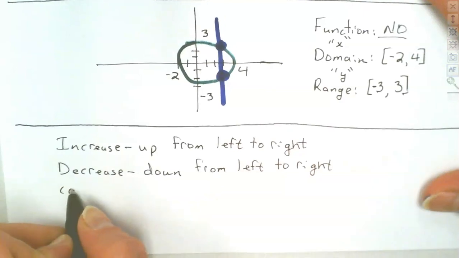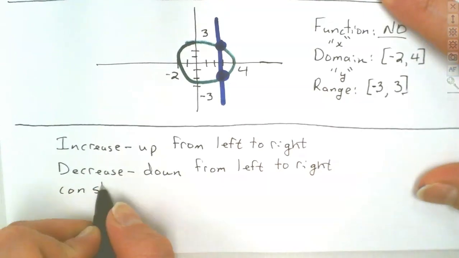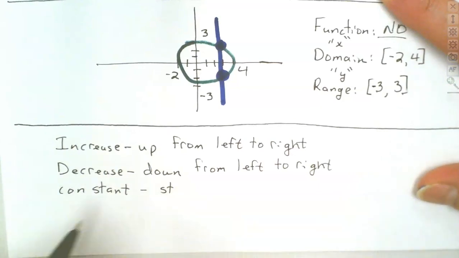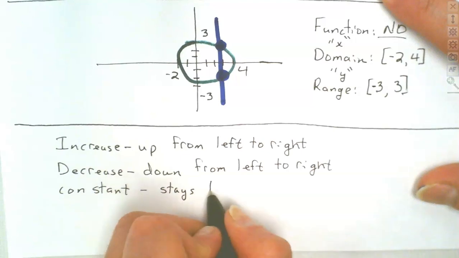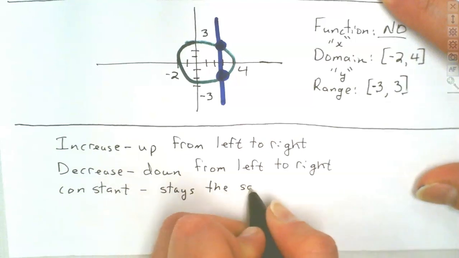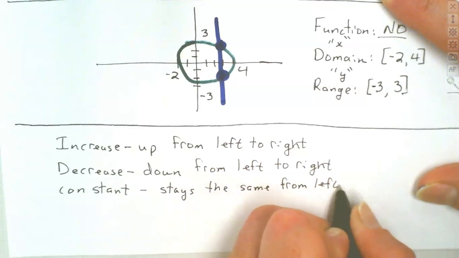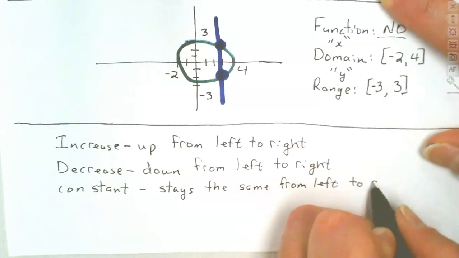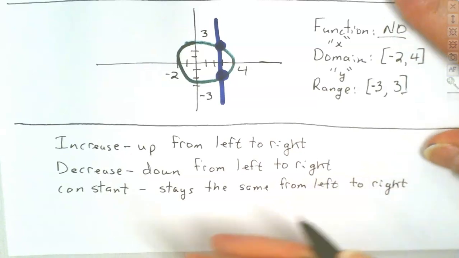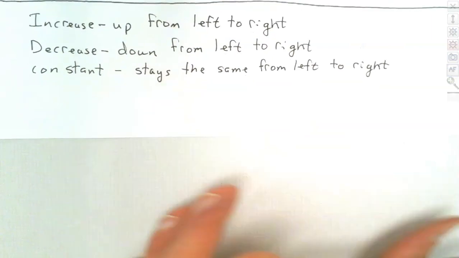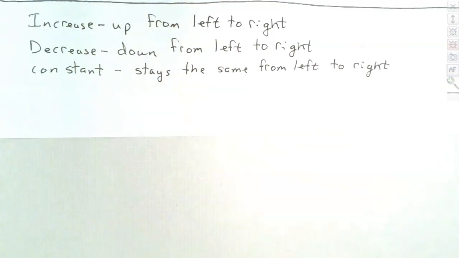And the constant part, if there is one, stays the same from left to right. We can have a function that has an increase part and a decrease part, or it might have an increase, decrease, and a constant part. It might have all three.